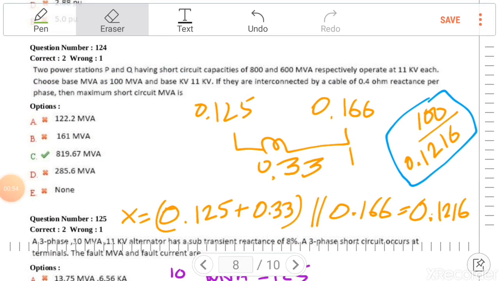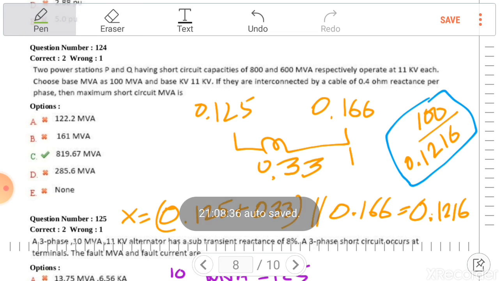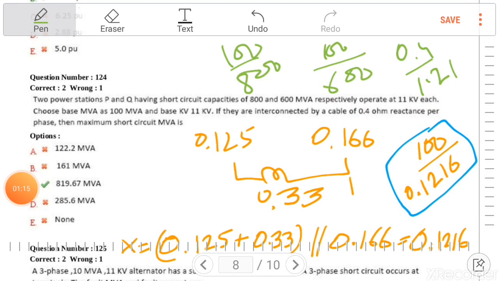In the next problem, two power stations P and Q having short circuit capacities 800 and 600 MVA respectively operate at 11 kV each. Let the base MVA be 100 MVA and base kV be 11 kV. If they are interconnected by a cable of 0.4 ohm reactance per phase, then the maximum short circuit MVA will be. So we will find the per unit reactances for stations P and Q by dividing the base MVA by their short circuit capacities.